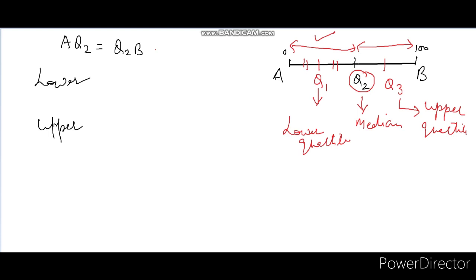The first half is divided into two equal parts by the lower quartile, and the second half by the upper quartile. After dividing like this, we get four equal parts: AQ1 is the first part, Q1Q2 is the second, Q2Q3 is the third, and Q3B is the last part. Hope this is clear.